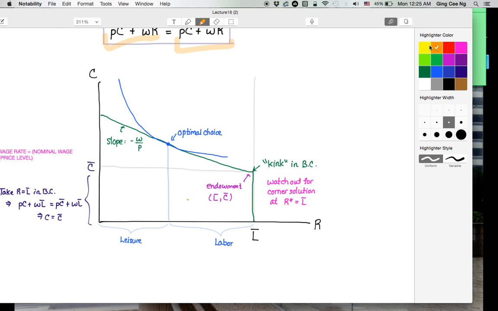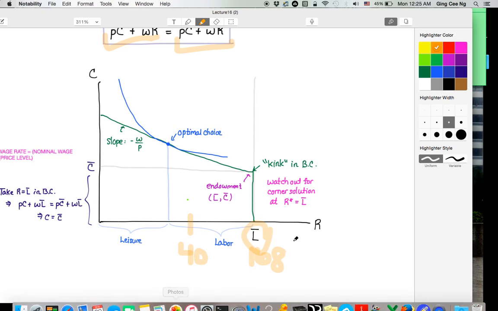It's possible that the consumer might optimally choose 40 hours, but the budget constraint that we're looking at is a week of 168 hours, in the sense that this L bar is your maximum amount of hours worked, or equivalently the maximum amount of leisure that you can have for the week. It has nothing to do with any sort of legal constraint.